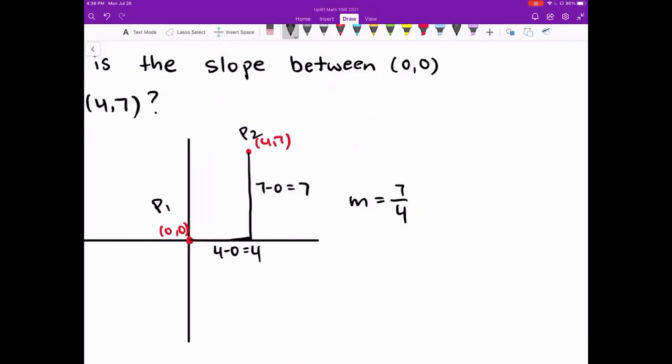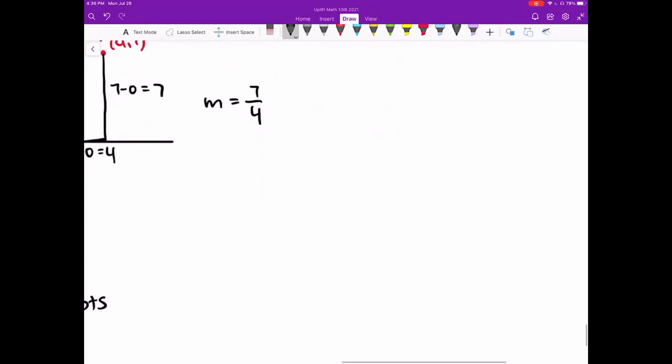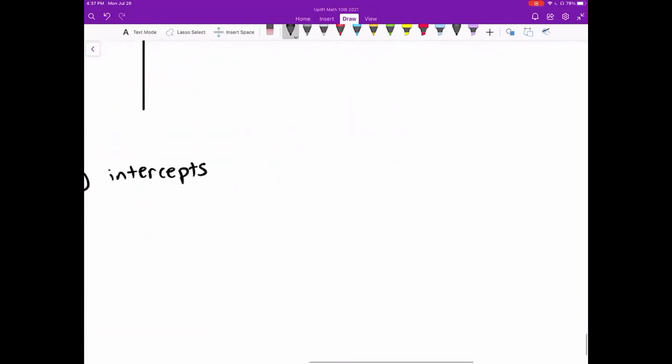I think what you did is P1 minus P2, so y1 minus y2 over x1 minus x2. But what we did is y2 minus y1 over x2 minus x1. But both give you the same result. Right point minus left point. Hopefully no more confusion.